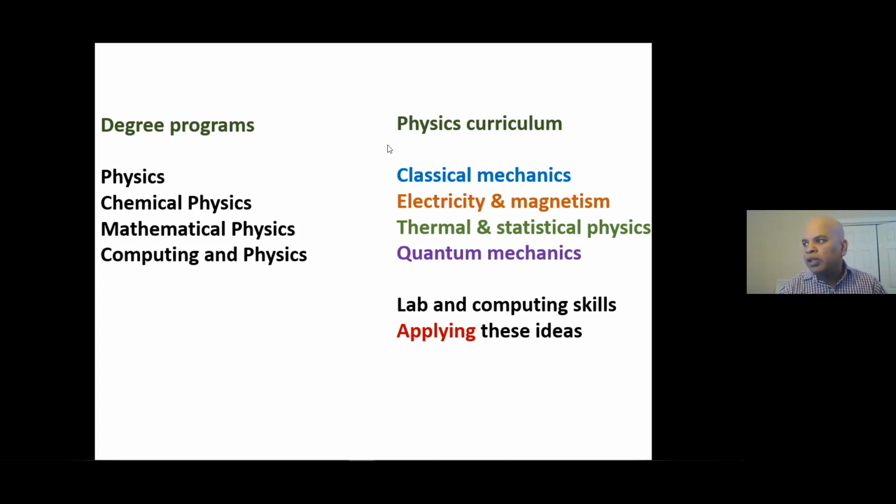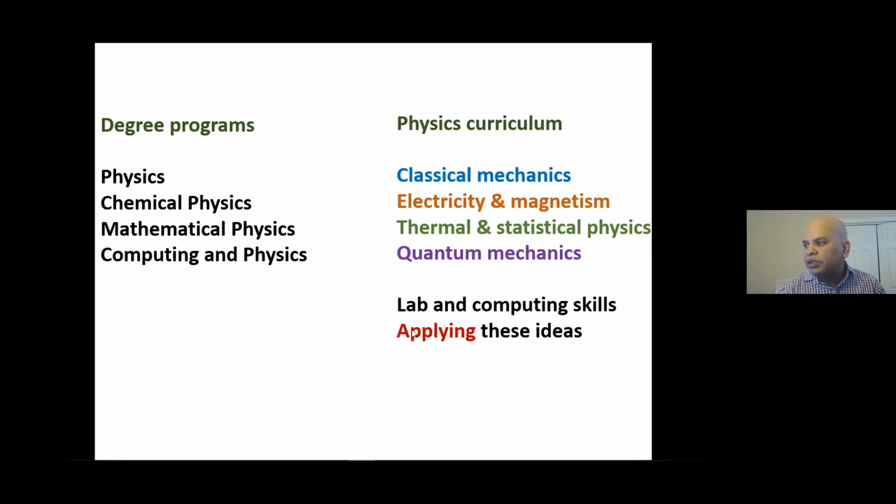However, all the students who follow any of these four programs would do these four fundamental courses: classical mechanics, electricity and magnetism, thermal and statistical physics, and quantum mechanics, because these four courses form the foundations of the upper year physics program, and all the students who register for these degree programs are expected to do all these four courses.